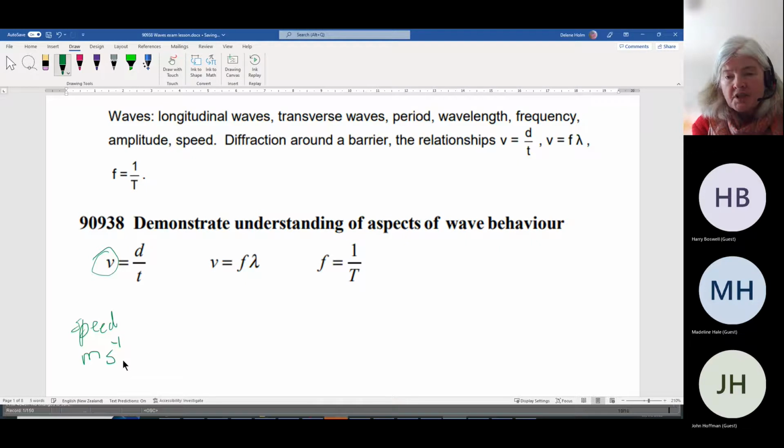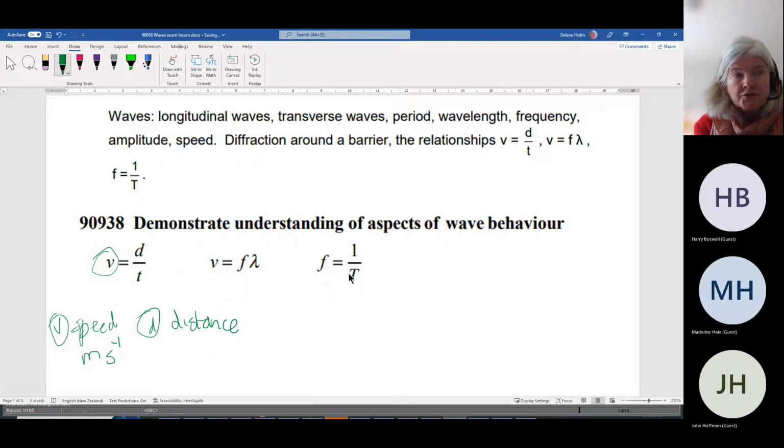Now that is important because sometimes they ask you to give an answer in centimeters. So if you're calculating in meters per second, you will need to make that change from meters to centimeters later. So that was V. D is distance.